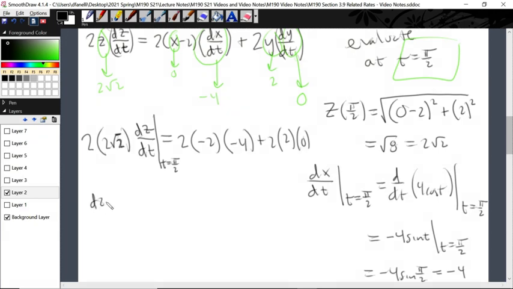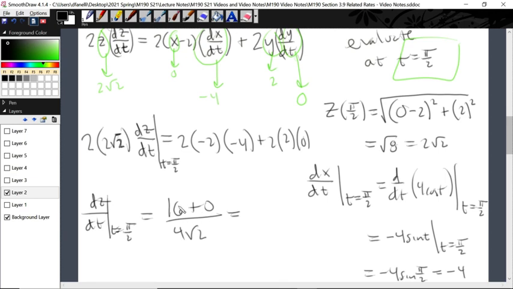So I'm going to solve this for dz/dt at t equals pi over 2 by dividing both sides by this quantity. This is 4 root 2. So we have, let's see, negative 4 times negative 2 is 8. 8 times 2 is 16. And then this is 0, so we have 16 plus 0, and then that's divided by 4 root 2.